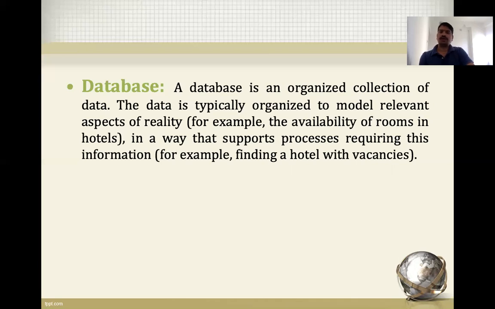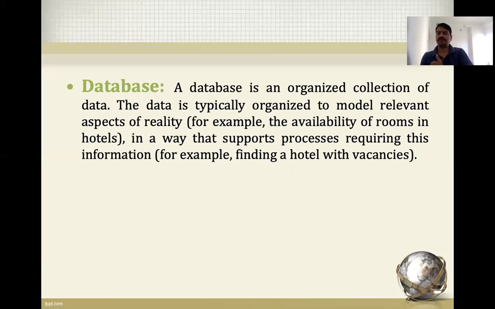Let's say I want to create a database of students. What information should be in the student database? Definitely data related to the student: let's say the name, roll number, semester, branch, and phone number. All those things together are one record, and this one record is the data about one student.